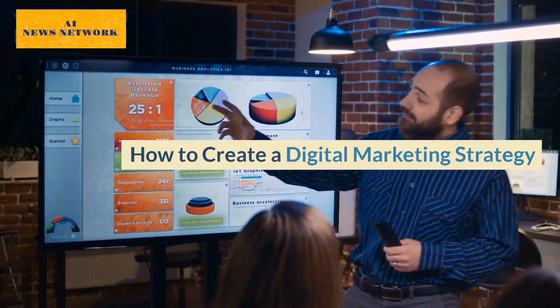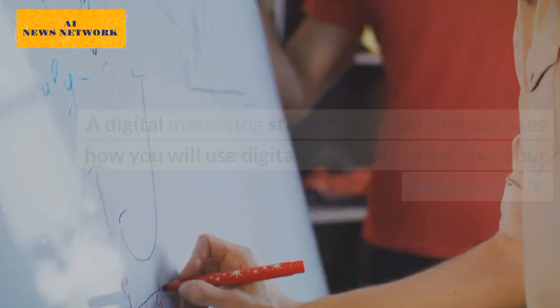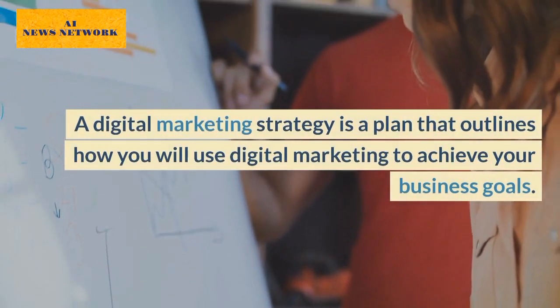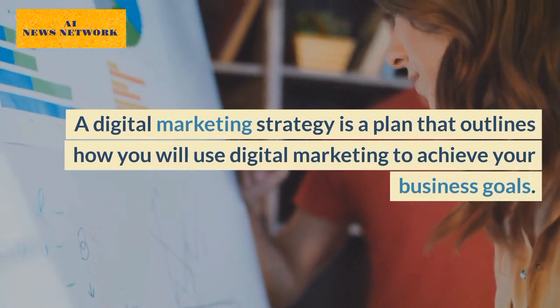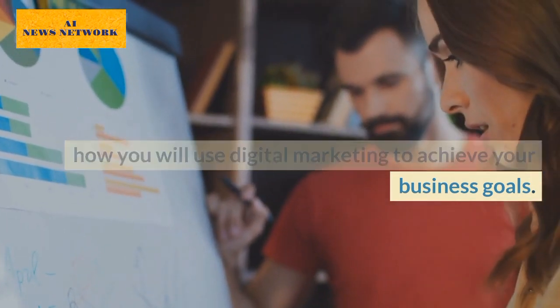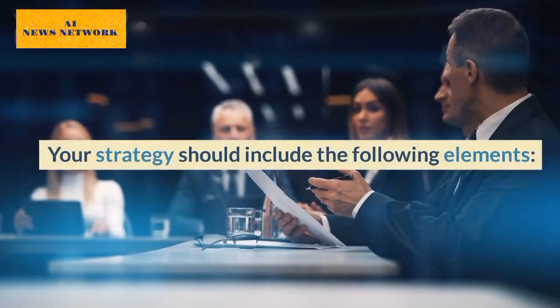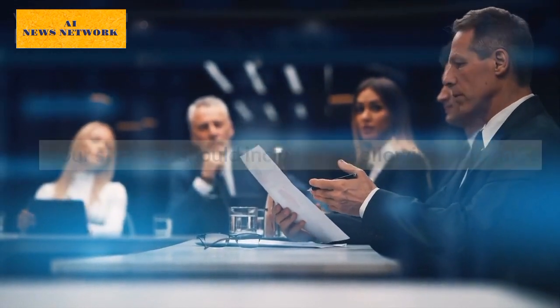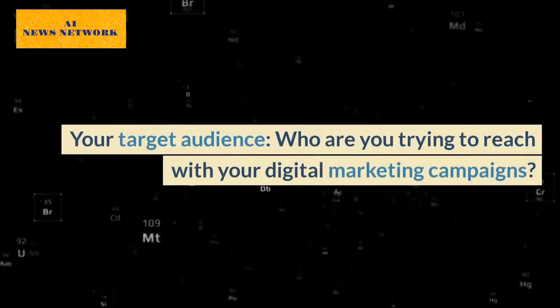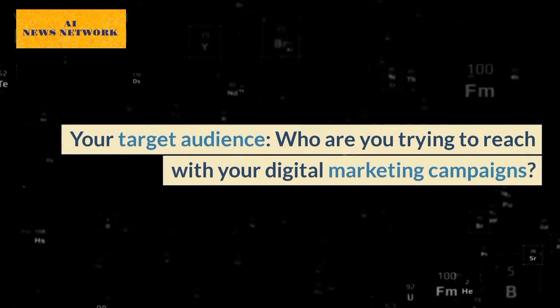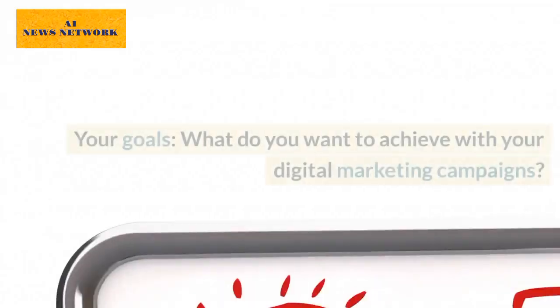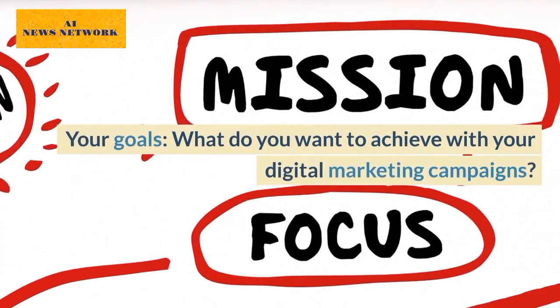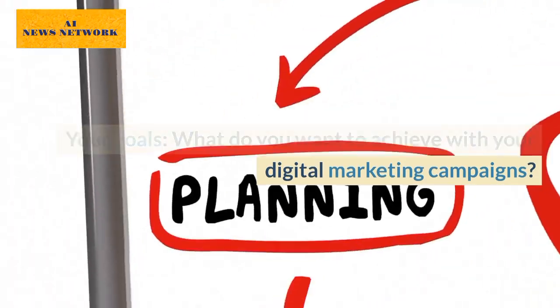How to create a digital marketing strategy. A digital marketing strategy is a plan that outlines how you will use digital marketing to achieve your business goals. Your strategy should include the following elements. Your target audience. Who are you trying to reach with your digital marketing campaigns? Your goals. What do you want to achieve with your digital marketing campaigns?